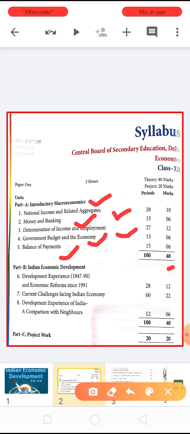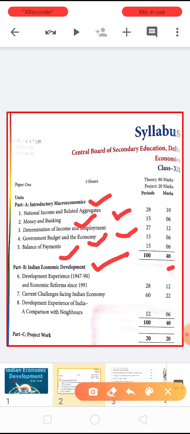All these units of macroeconomics are over, and from today we are going to start the second book, Indian Economic Development. The syllabus of Indian Economic Development is classified into three units.